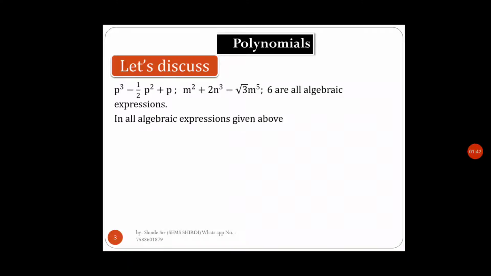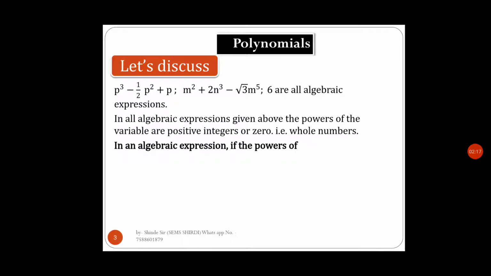In all algebraic expressions given above, the powers of the variables are positive integers or 0, that is, whole numbers. Consider p cubed minus 1 by 2 p squared plus p. Here p cubed has power 3, p squared has 2, and p has 1. These are all whole numbers.